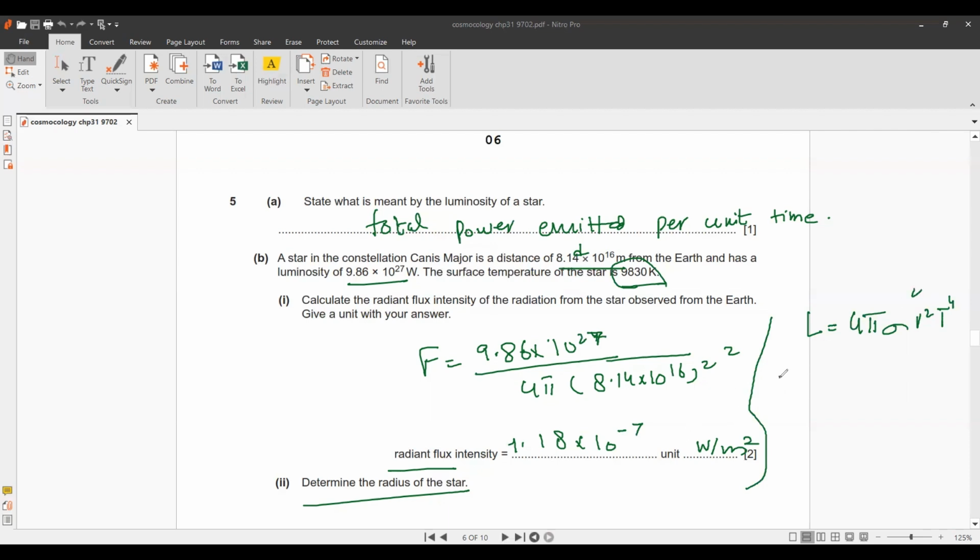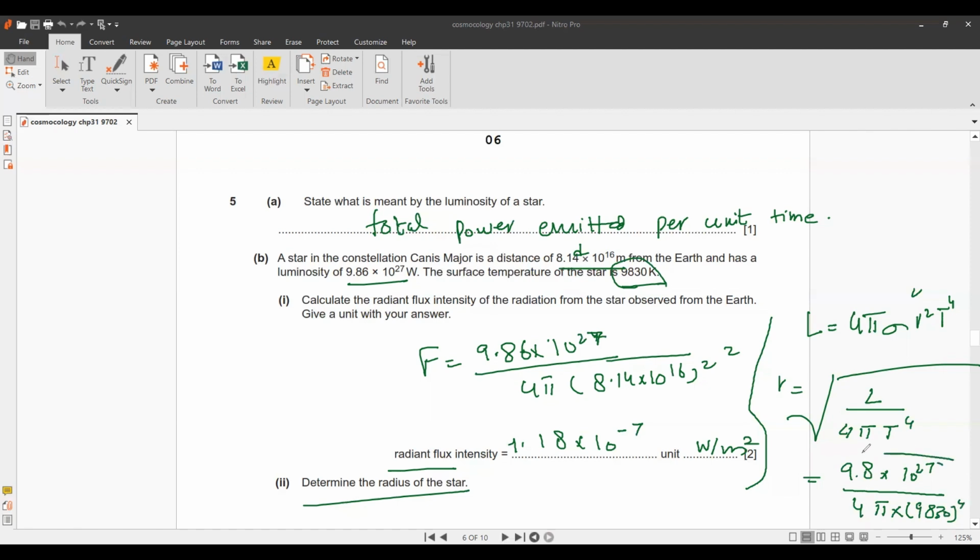Let's rearrange. R would be equal to the square root of L over 4 pi into T power 4. The value of L is given as 9.8 into 10 raised to power 27 over 4 pi into T power 4, which is 9830, and square root.